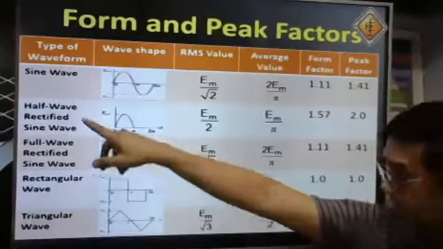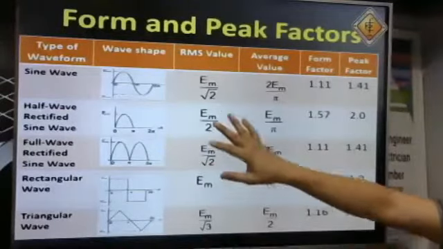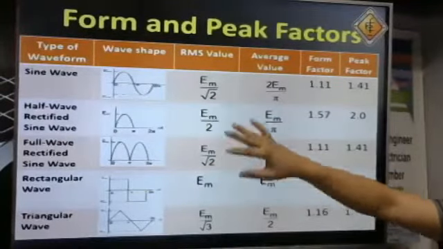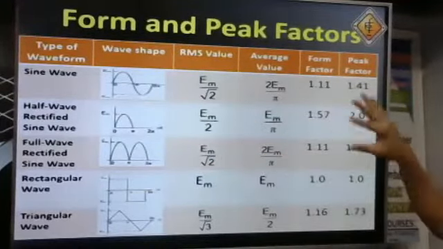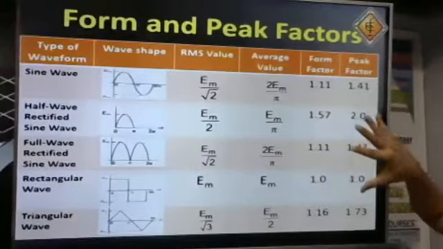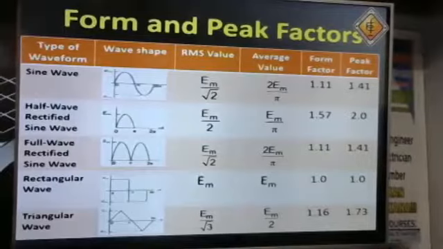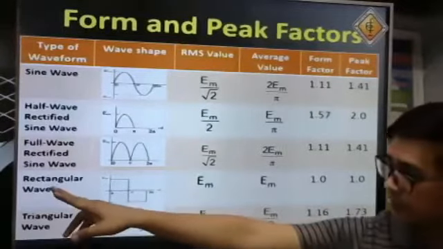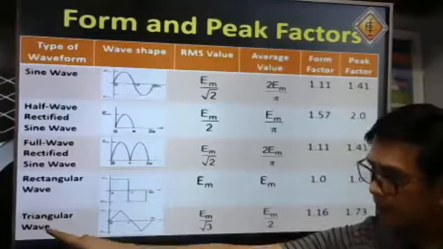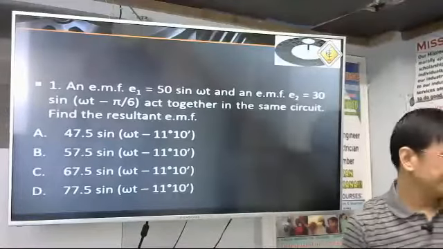For the half wave rectified, you may find this in electrical engineering books. These are the different form factors and peak factors for full wave rectified, rectangular or square wave, and triangular wave. Let's go now to our sample problem.